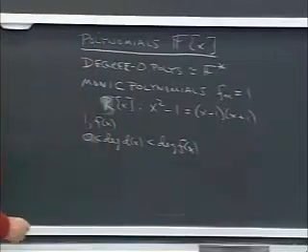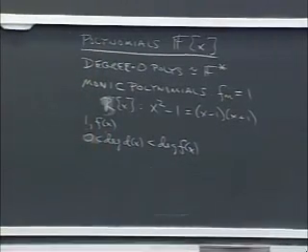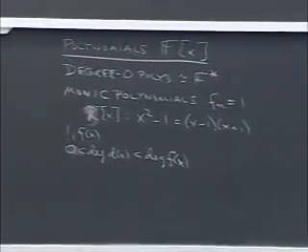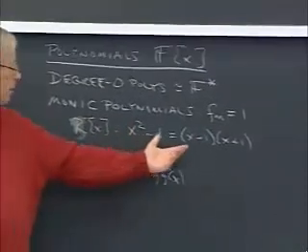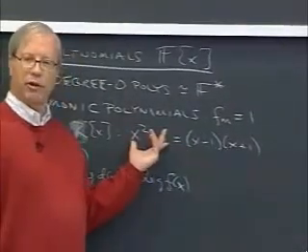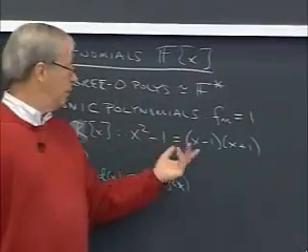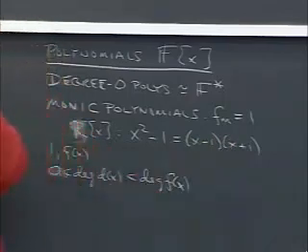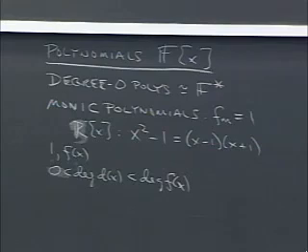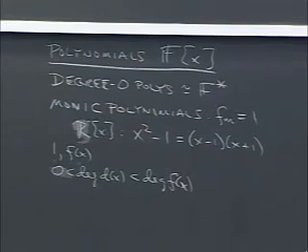Sorry, I'm not defining everything, but I hope that's clear. We're just interested in factors that have degree less than the polynomial that we're factoring, but we're not interested in degree 0 factors. So that's what's meant by unique factorization.